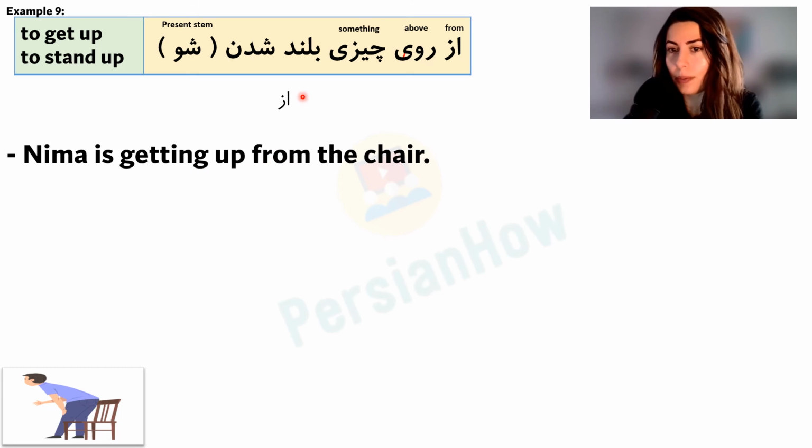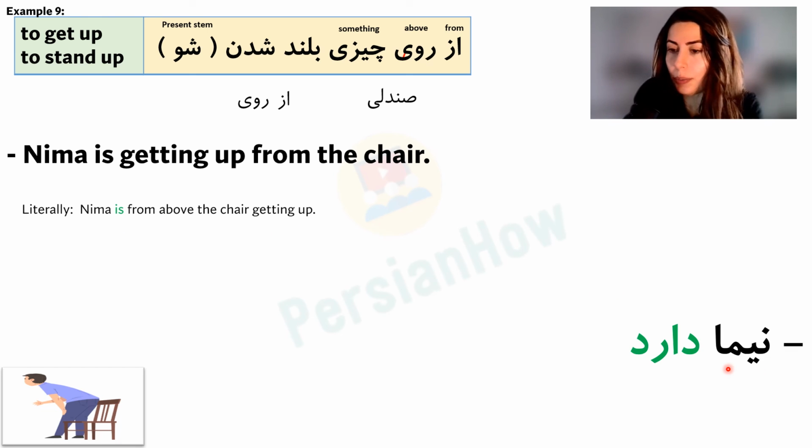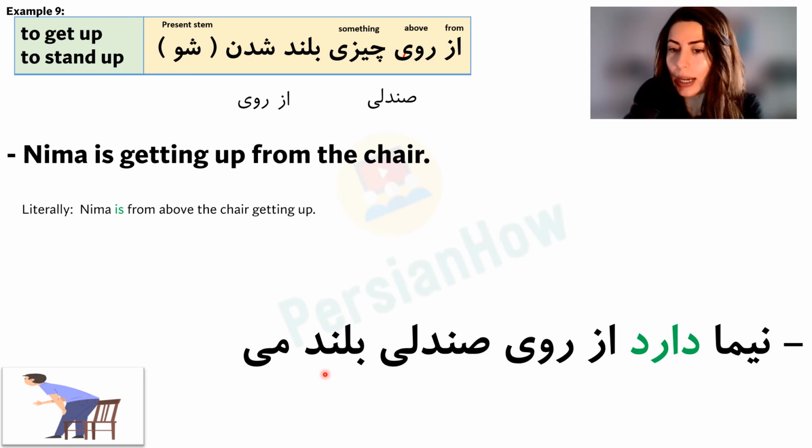So we said from is از, and we need to say از روی. And then chair is صندلی. So literally we need to say Nima is from above the chair getting up. نیما دارد از روی صندلی بلند می شود.